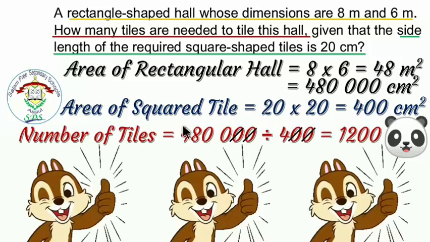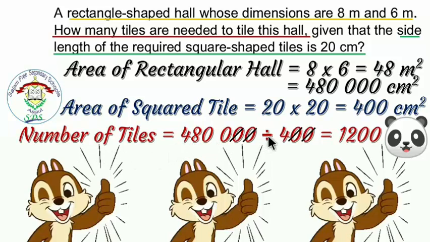Now, number of tiles equals the area of the rectangular hole divided by the area of the square tile.